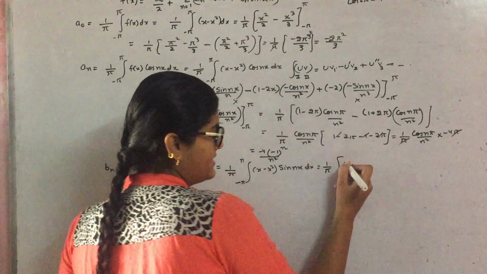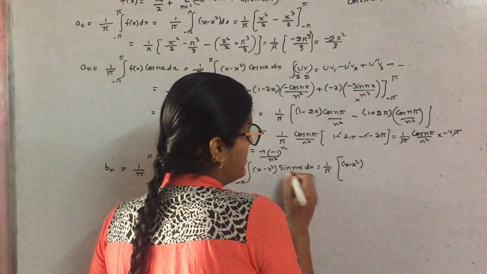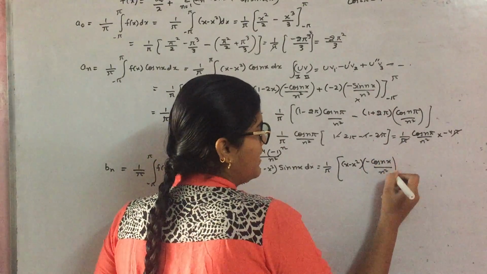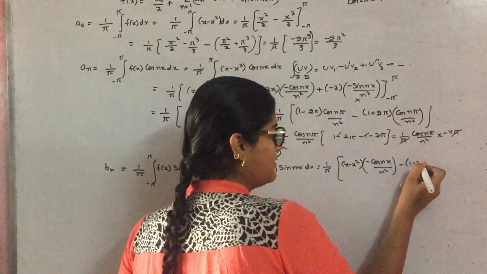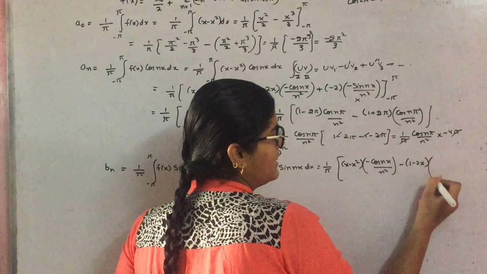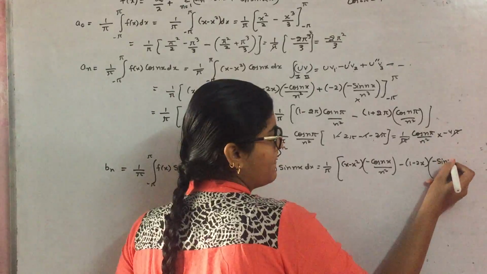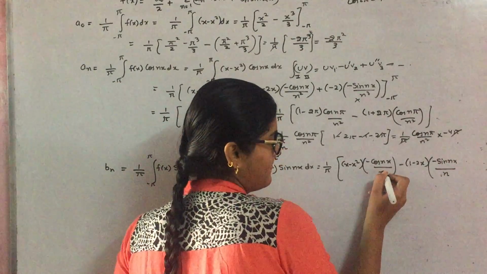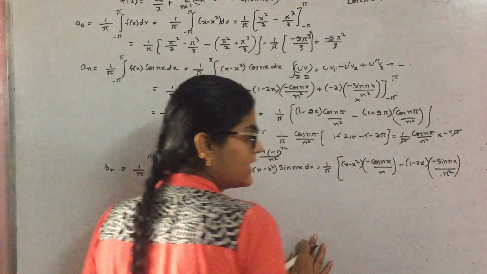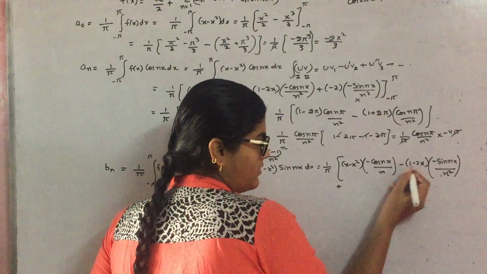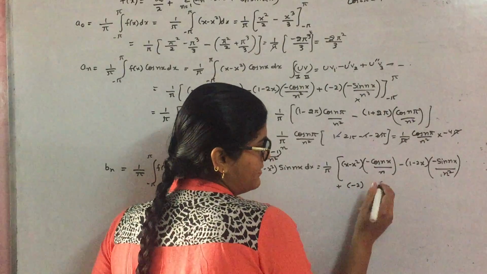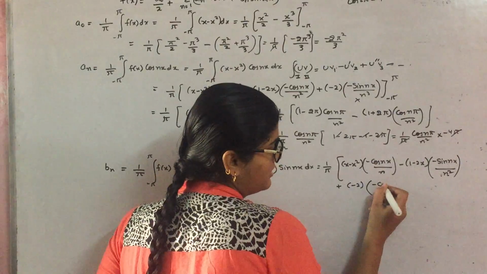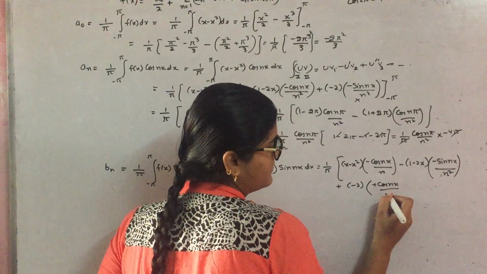First function as it is, integration of second, minus derivative of first function, integration of this. Then derivative of first, derivative of this, and then integration of this.